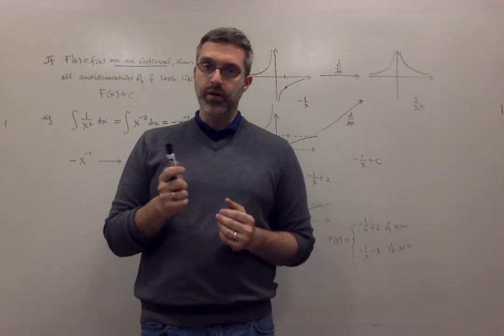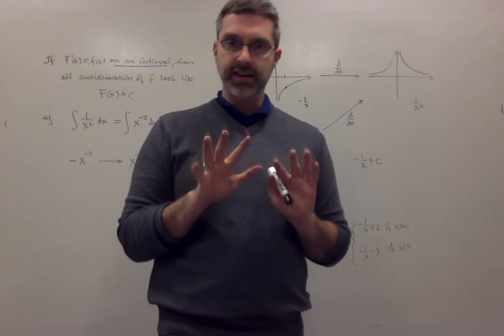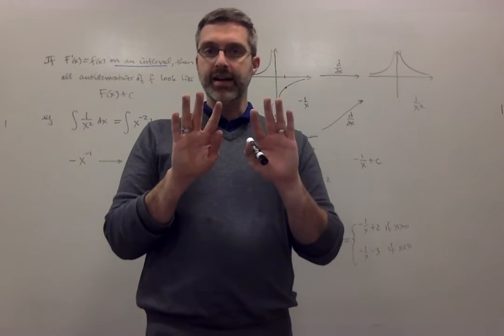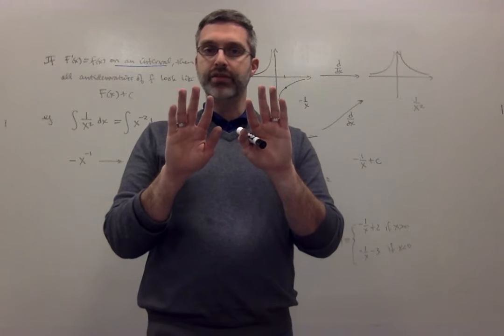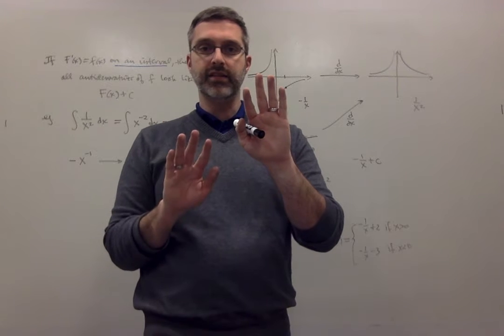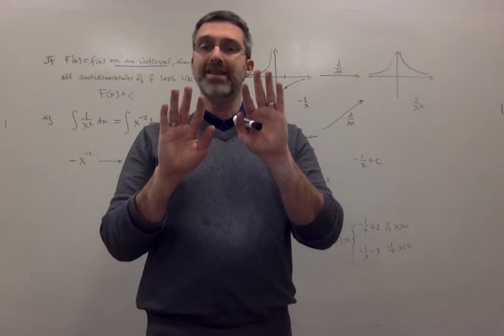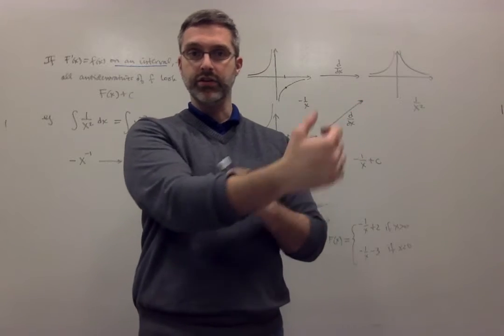So in other words, really, if you're looking for the most general antiderivative, anytime your function has a discontinuity, you're actually able to shift one of the pieces one constant and the other piece the other constant, and still able to get something that's an antiderivative of this original function.